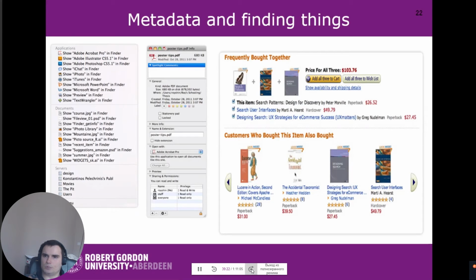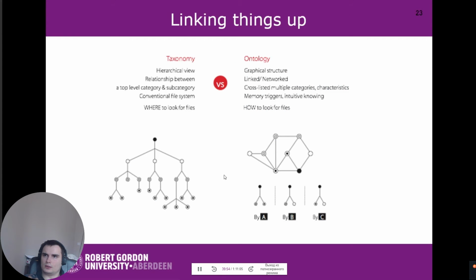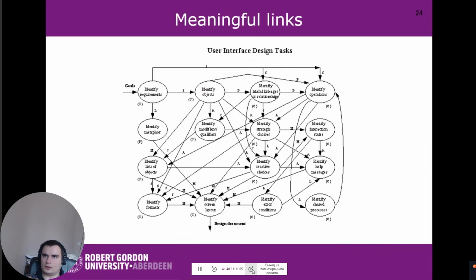At the moment, the menu system in, let's say, Windows is designed in a hierarchical manner, and it maps well, like hierarchical task analysis, which you've done, to the way our brain thinks. So this is a user interface design task where the links need to be meaningful.